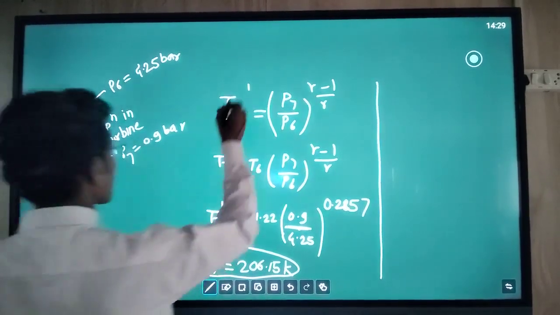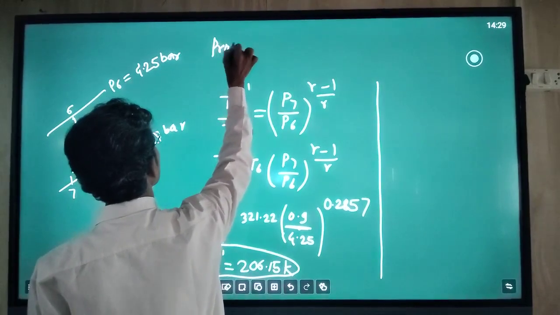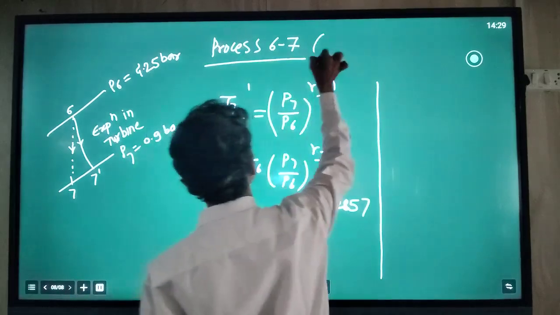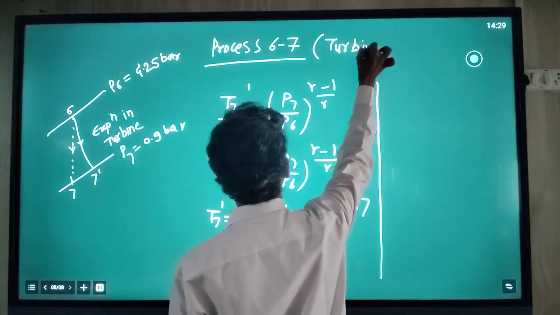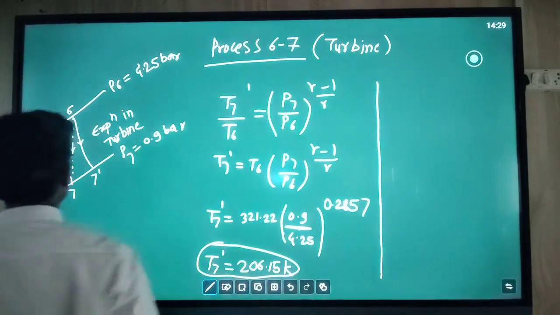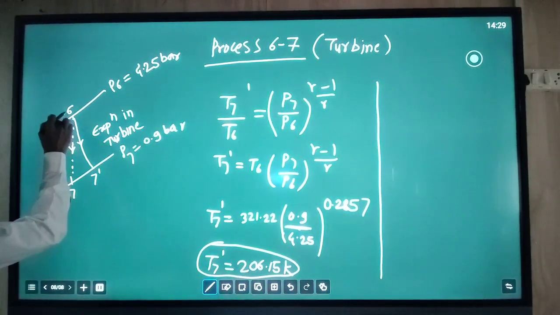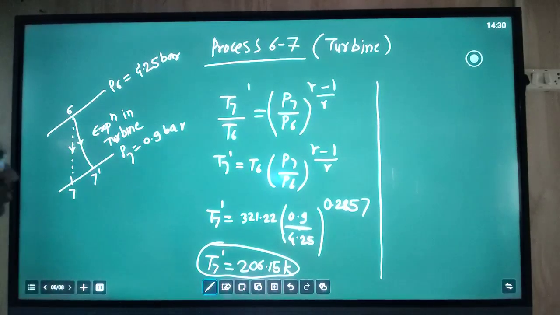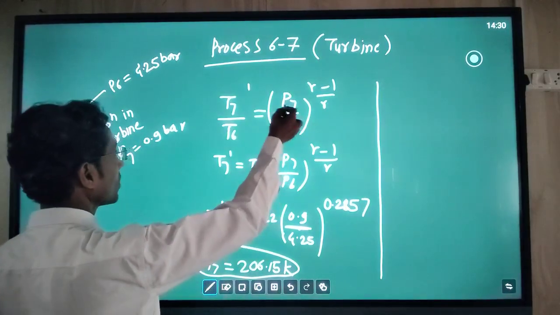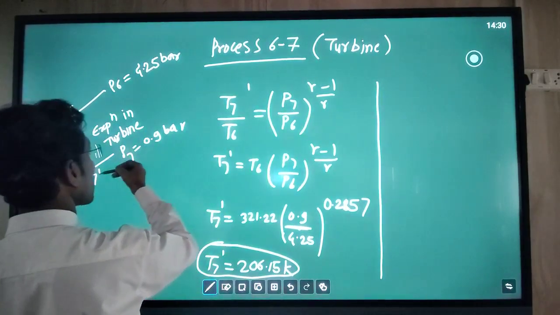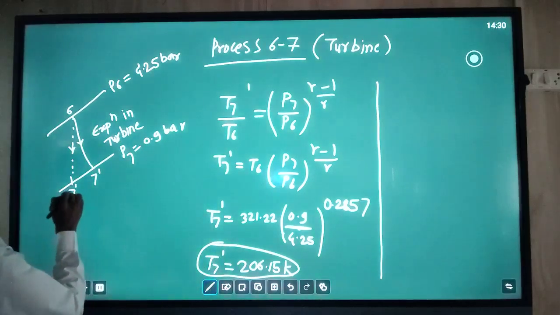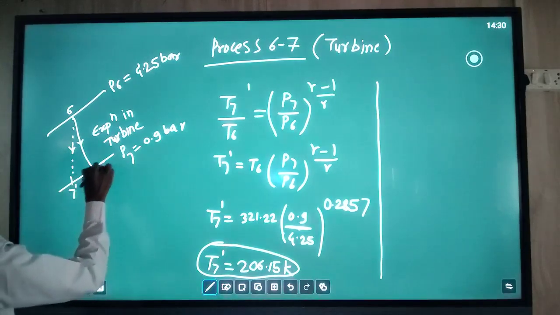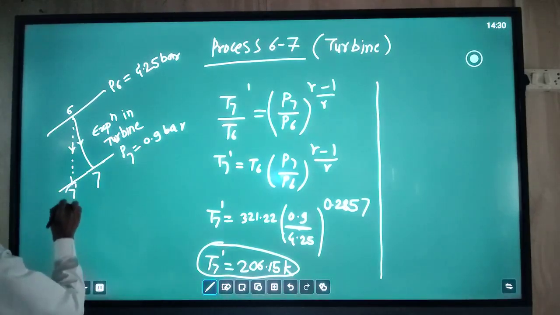Here the next process is the 6 to 7 process that occurs in the turbine, an expansion process from point 6 to 7, where 7 dash is the ideal process and 7 is the actual process. Here we use two formulas. First, the temperature ratio formula.